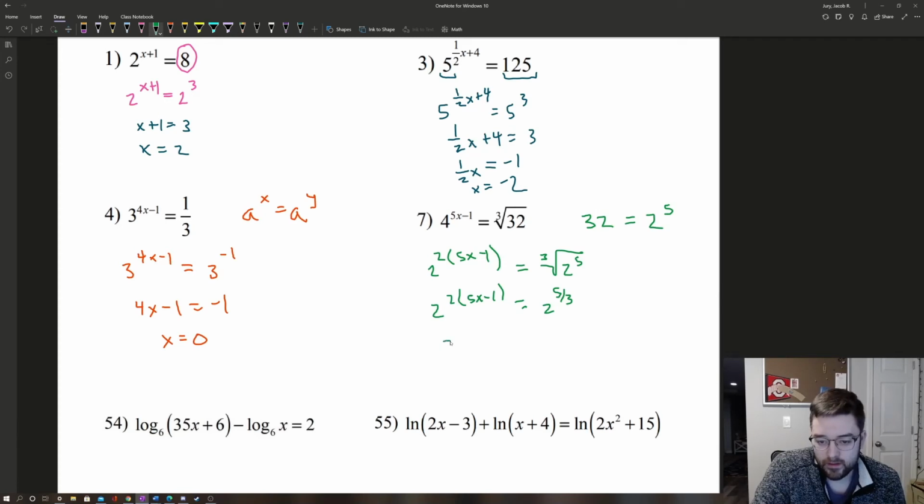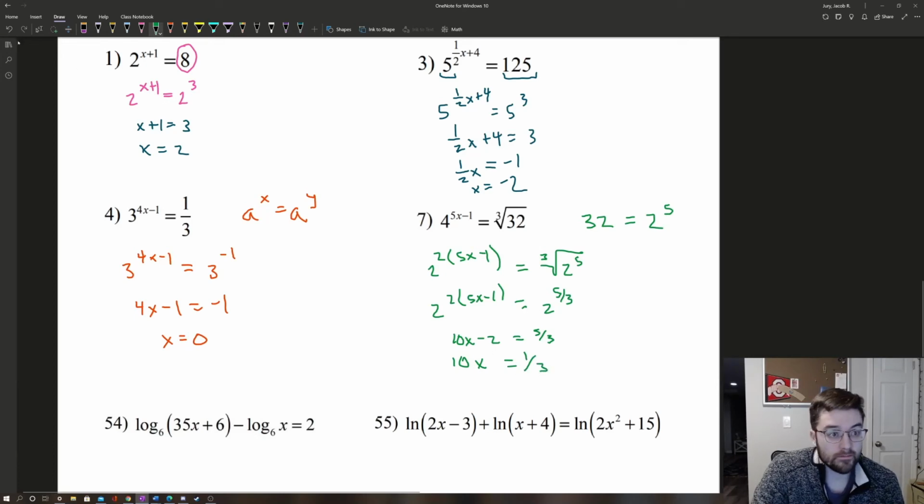now I can set 2 times 5x minus 1 equal to 5/3. So this is 10x minus 2 equals 5/3. And then I can start operating and solving. So 10x equals, if I add 2 to this side, this is going to be 1/3.